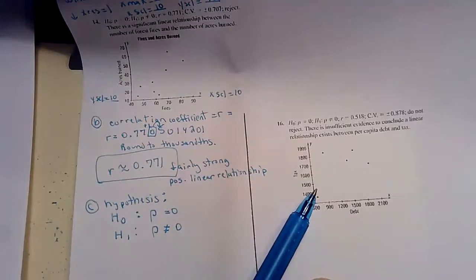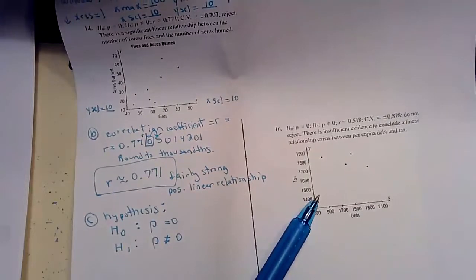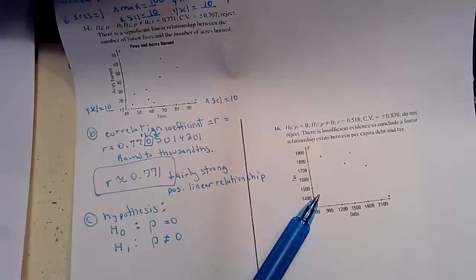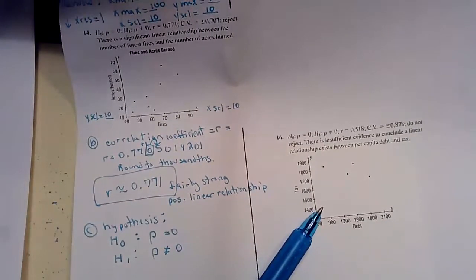To continue reading the page here, it says that when the null hypothesis is rejected at a specific level, it means that there is a significant difference between the values of R and 0. When the null hypothesis is not rejected, then it means that the value of R is not significantly different from 0 and is probably due to chance.